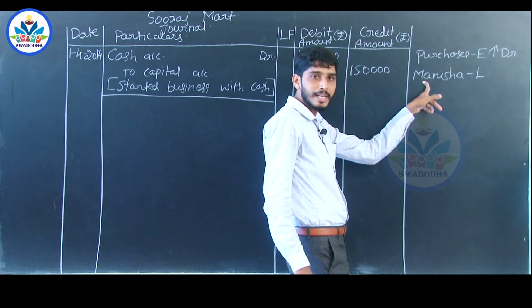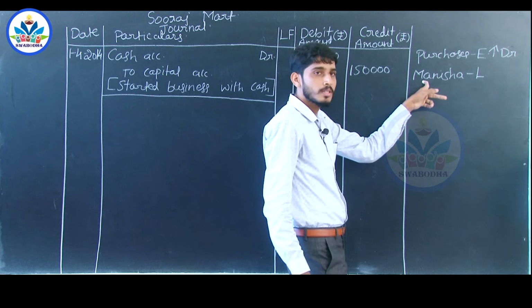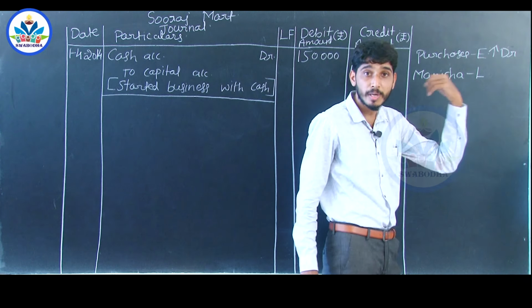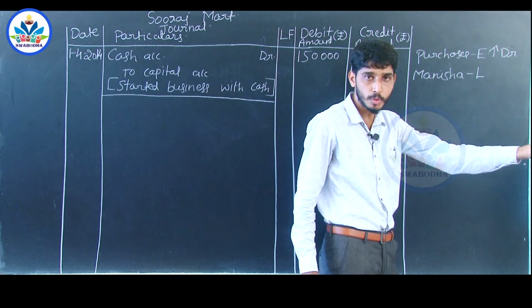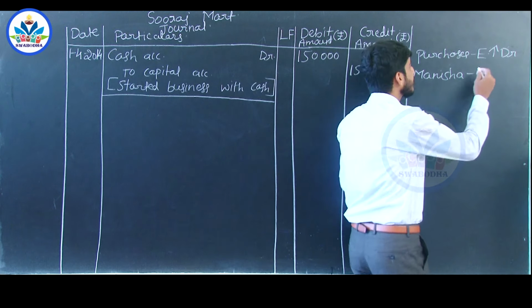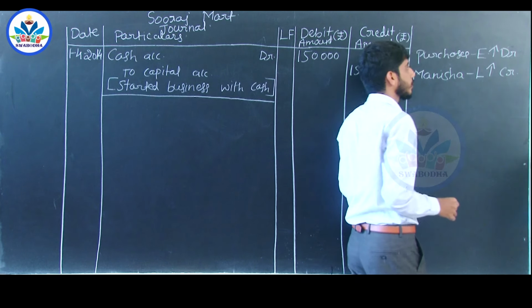Manisha is a creditor who has supplied the goods on credit basis. So, liability value increases, we have the responsibility to pay to Manisha in the near future. The rule says increase in a liability has to be credited.